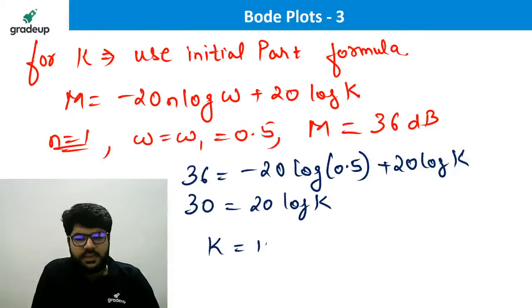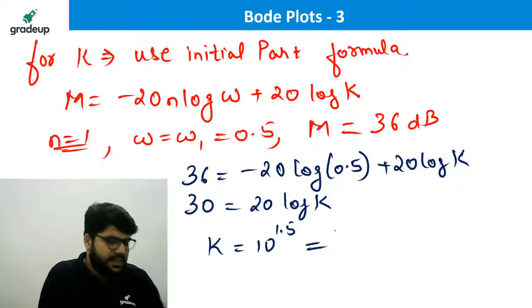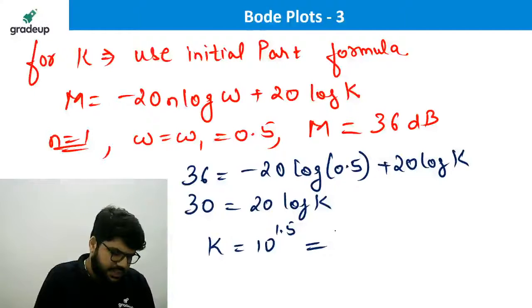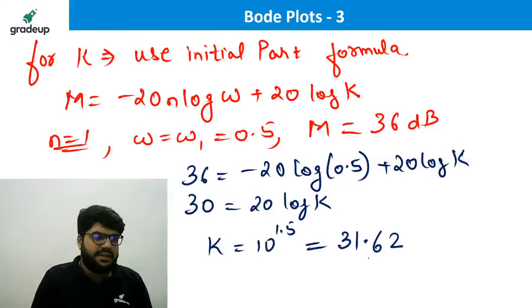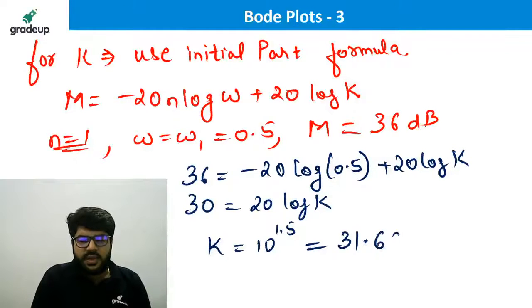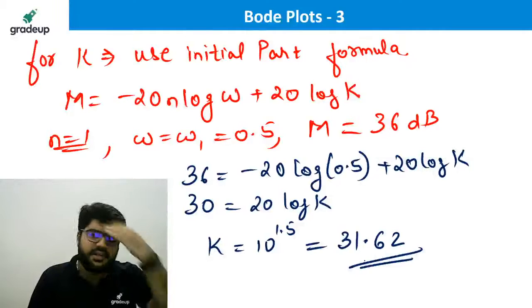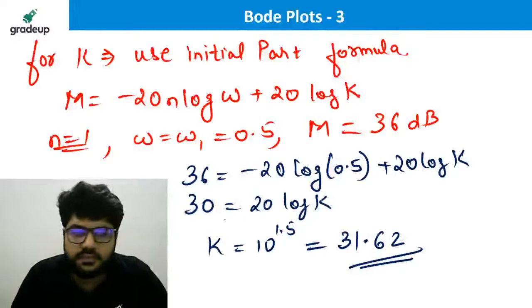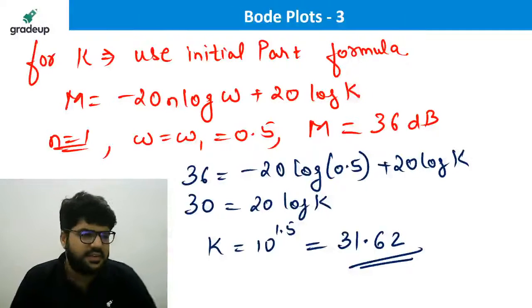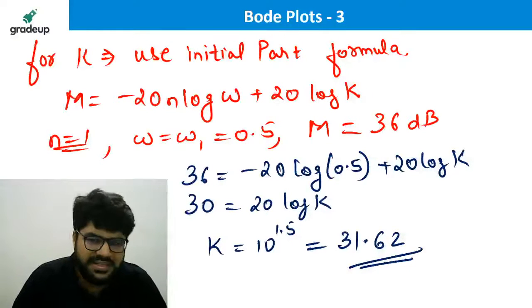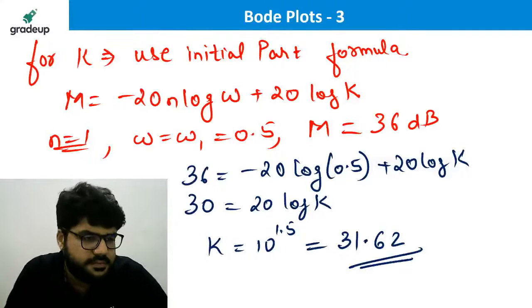So k will be 10 raised to the power 30 by 20, that is 1.5, and 10 raised to the power 1.5 is 31.62. The value of k is 31.62, approximately 31 is also workable.